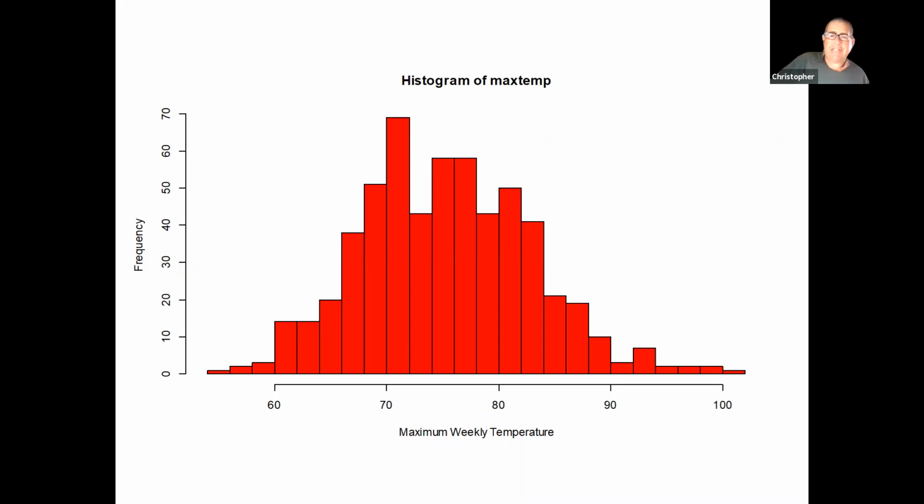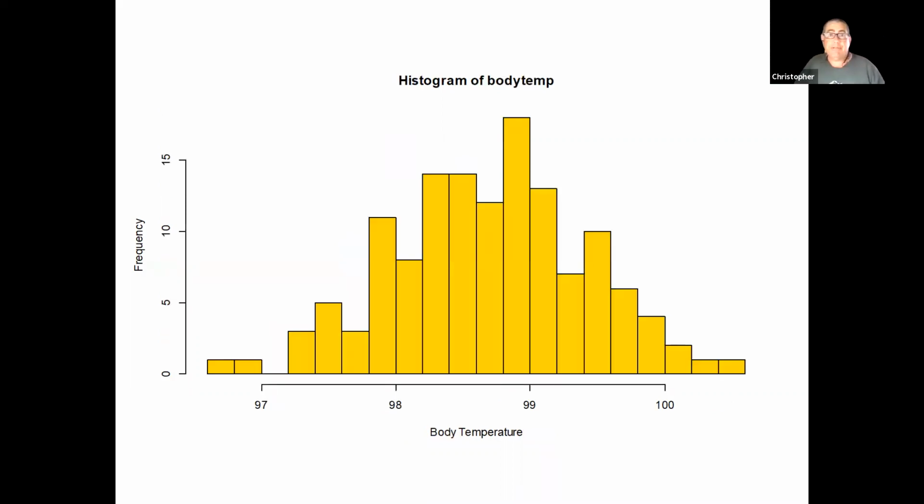See that the maximum weekly temperature does follow that normal shape. I think this was maximum weekly temperature in the Los Angeles area, probably. So you can see that follows a normal type curve. Similarly, your body temperature follows a normal curve. We say 98.6 is the average temperature, but people actually show a range of temperatures, with some people hitting 100 as their normal temperature.